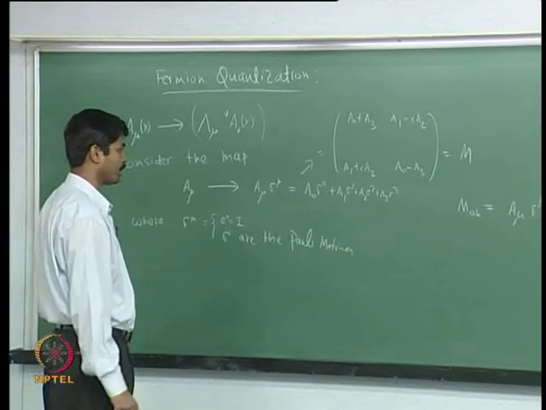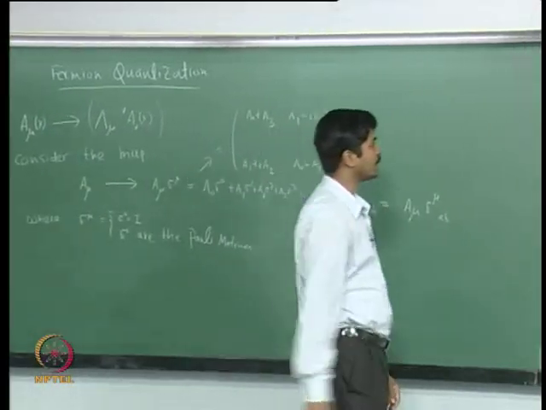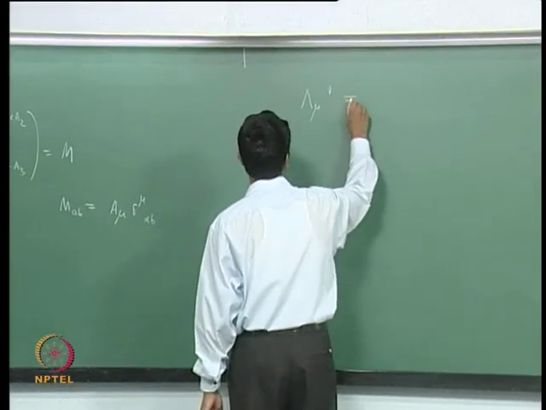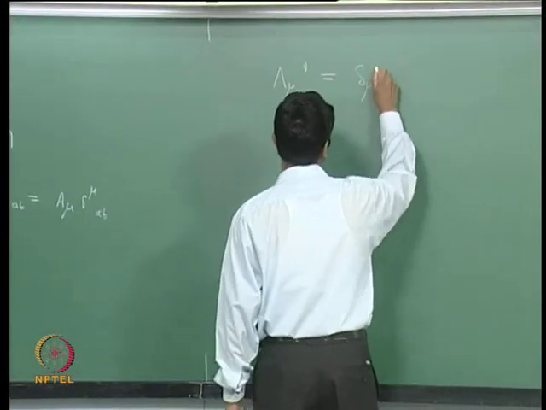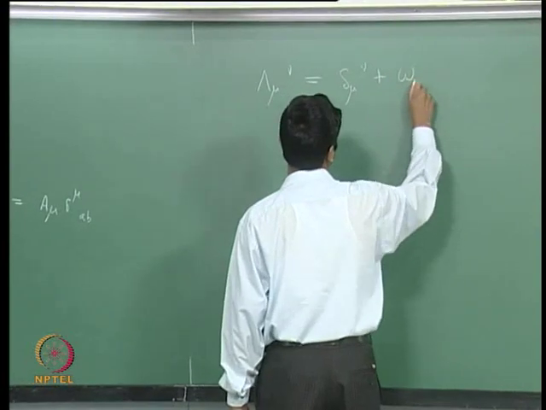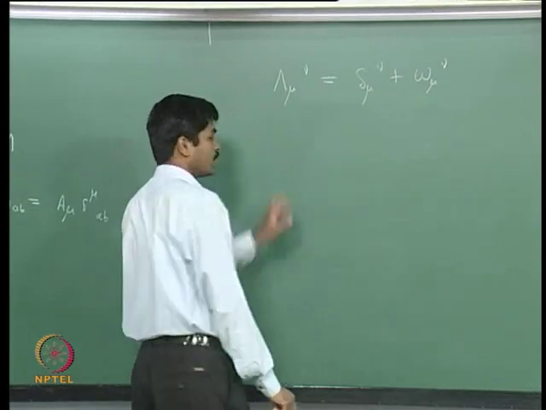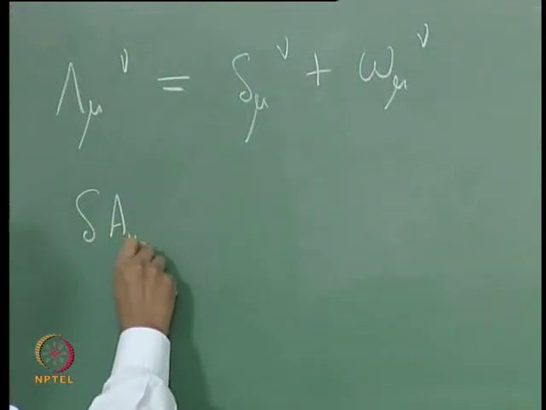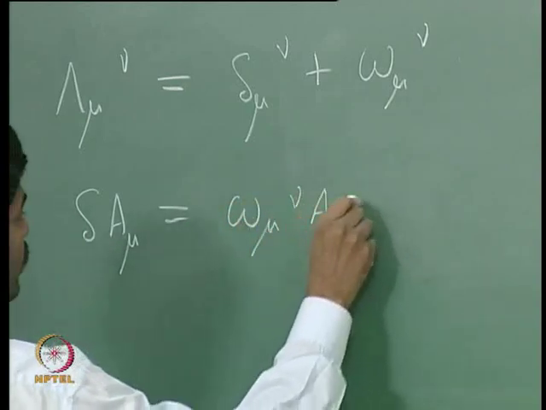What is delta M_AB? We will consider an infinitesimal Lorentz transformation. Lambda mu nu for an infinitesimal Lorentz transformation is delta mu nu plus omega mu nu. So, under this infinitesimal Lorentz transformation, our field delta A mu transforms like omega mu nu A nu.